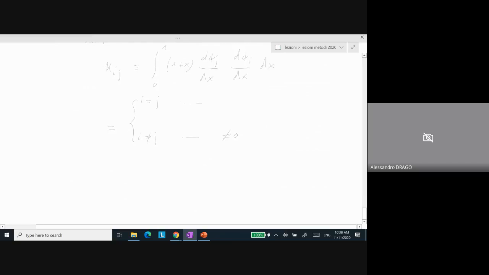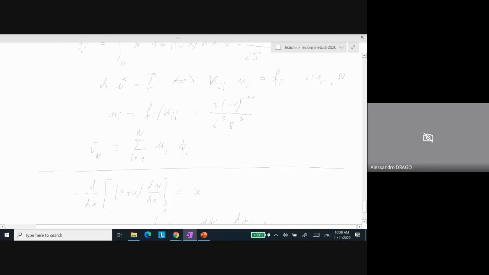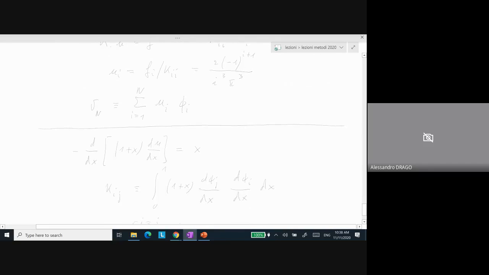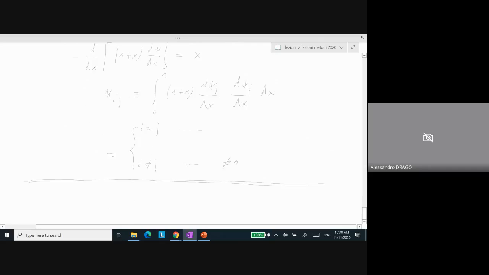Because, as I discussed with you, in principle, we have solved the problem. And of course, if the basis contains a limited number of elements, it's not a big problem to invert numerically the matrix K. But in general, it can be a serious problem.